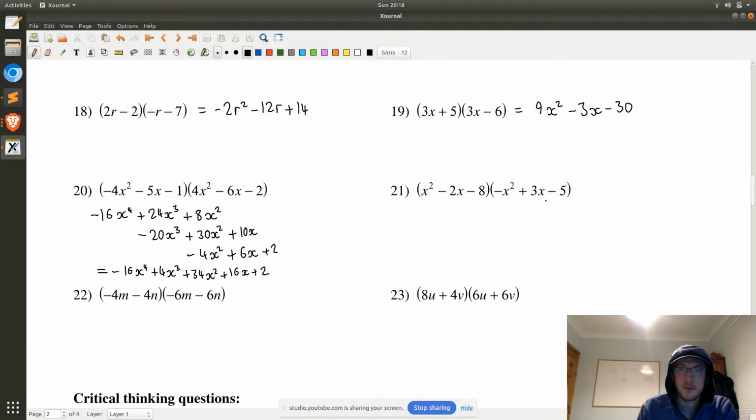Next, pretty much exactly the same format, so do it better and faster. Negative x to the 4 plus 3x cubed. Take 5x squared. That's having multiplied everything by x squared. Now to multiply everything by negative 2x.